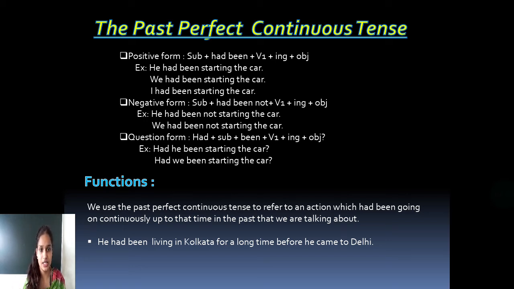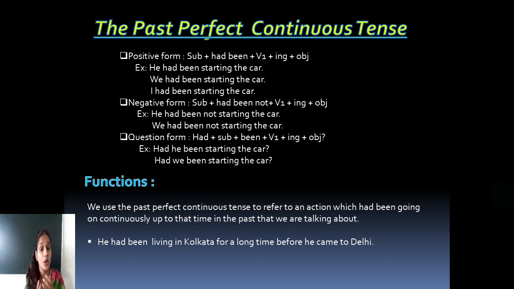He is the subject, had been is the auxiliary, not because it is a negative sentence, starting is verb first form plus ing, the car is the object. We had been not starting the car follows the same pattern.